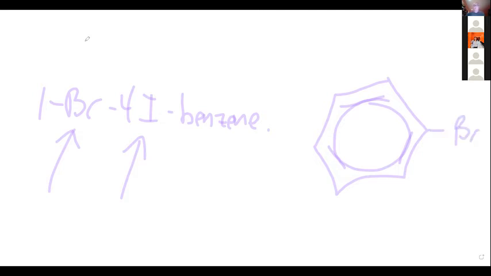There's bromo, so that would be 1, and then 2, 3, 4, 5, 6. So you can see that 4 is directly across from it. So any molecule with the bromine and the iodine straight across from each other is correct.